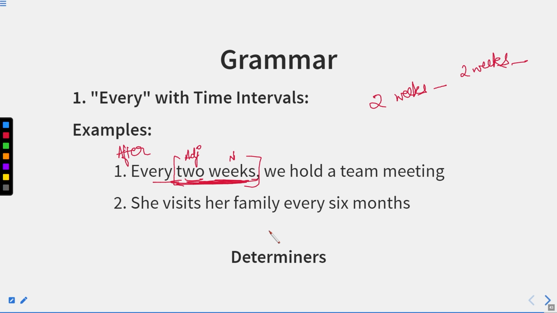She visits her family every 6 months. It means after every 6 months, she visits her family. So after every 6 months, it means as soon as 6 months pass, she visits her family. So this is how we can use the word every with time intervals.